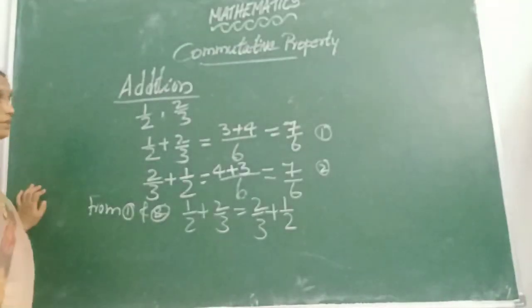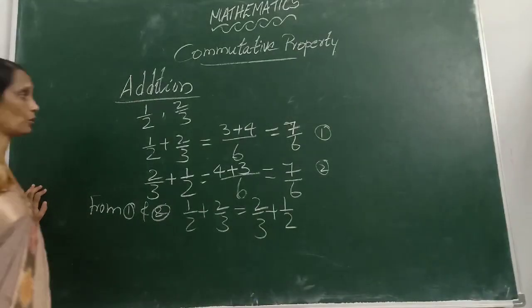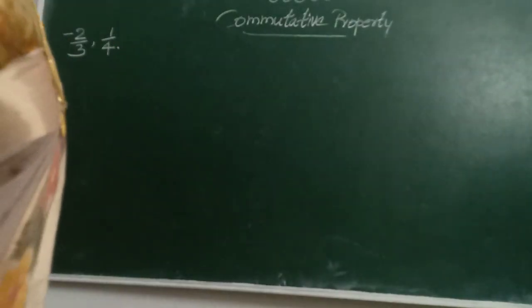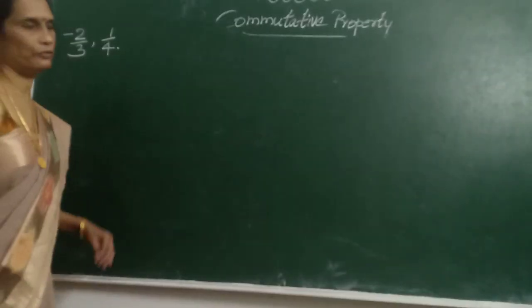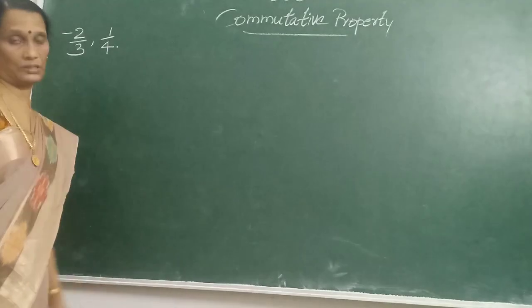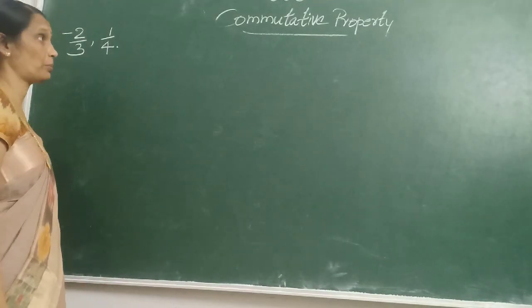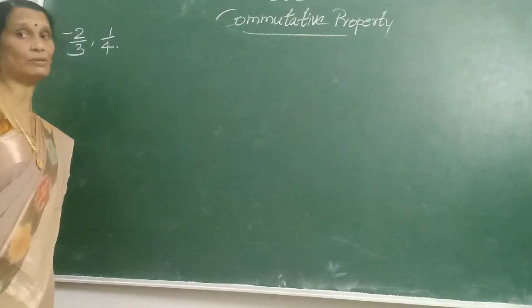Shall we see one more set of numbers? Let us see this example: minus 2 by 3 and 1 by 4. For this pair of numbers, we will see whether the commutative property is satisfied for addition.